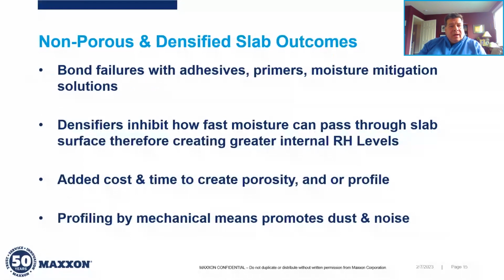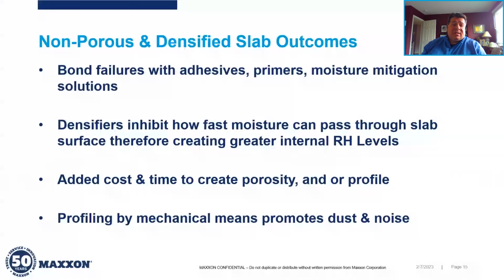So you can get greater internal RH levels where moisture is not being able to escape. So you could actually create a situation where you have a high moisture situation when in all actuality you really don't. It's just that the pores of the concrete on surface have been sealed off so well that it's slowing the rate at which moisture would normally escape from that slab.